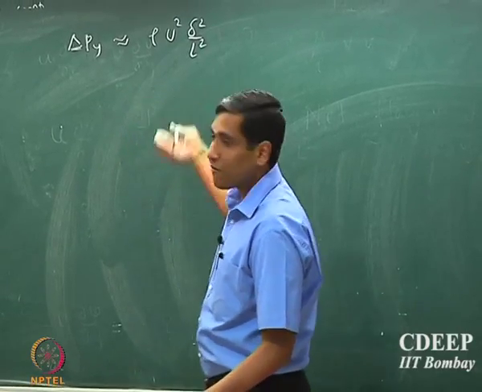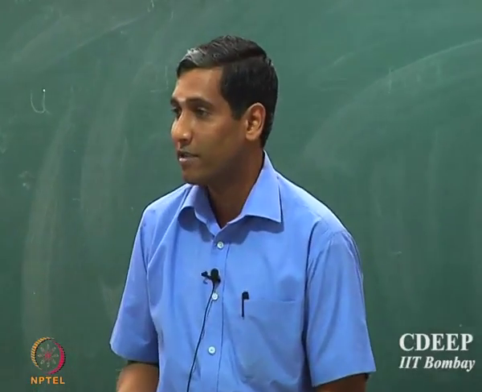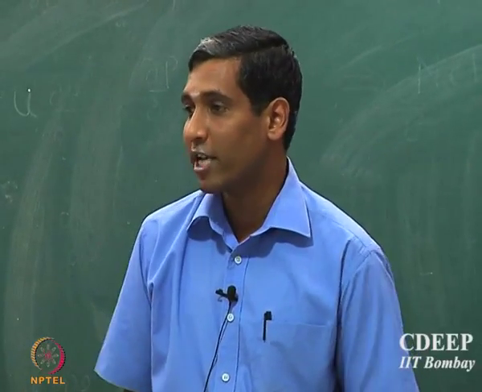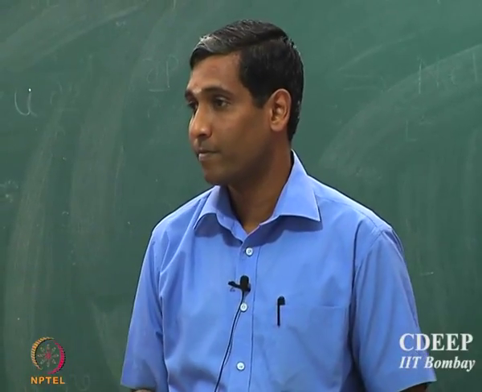If the order of magnitude analysis tells you that the pressure change is constant in the y direction, then you would naturally expect that dP by dy is approximately 0. Again, it is approximate.